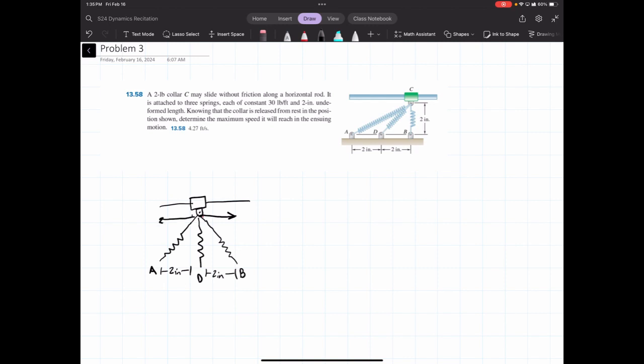And because they are the same spring, they have the same spring constant, and they'll be the same length at that point. That means the x direction of the force is going to cancel out, and so there will be no acceleration along the rod at that point. Now there will still be force in this direction, but because the collar is on the rod and it's constrained in the y direction, there still isn't any acceleration.